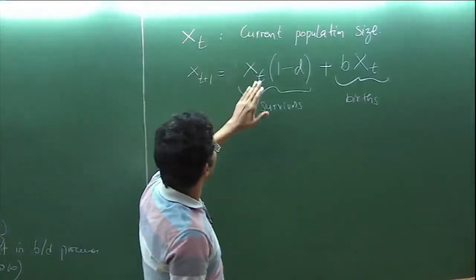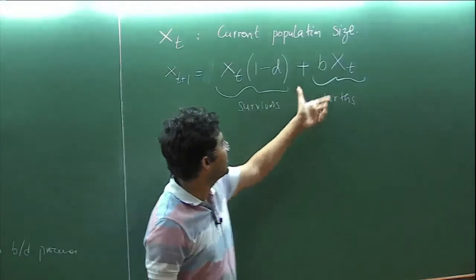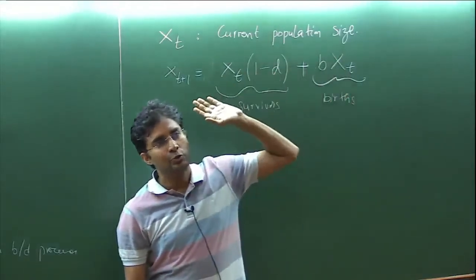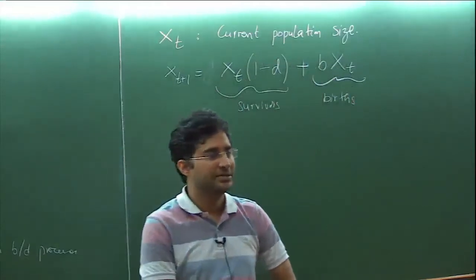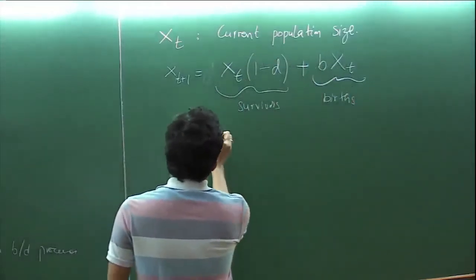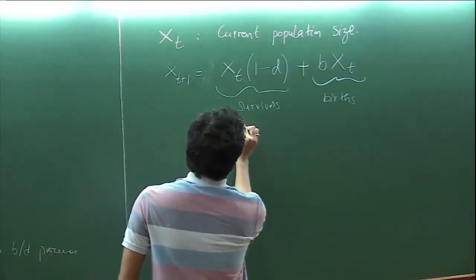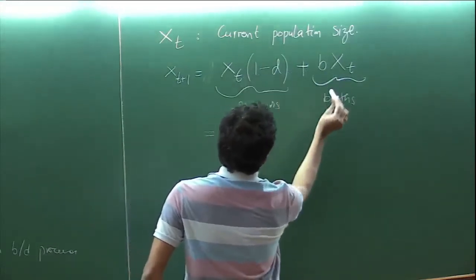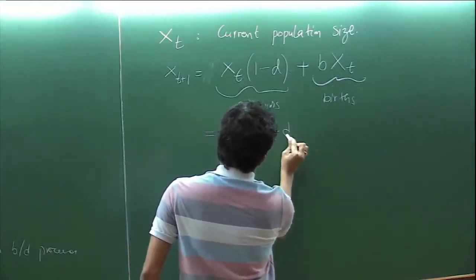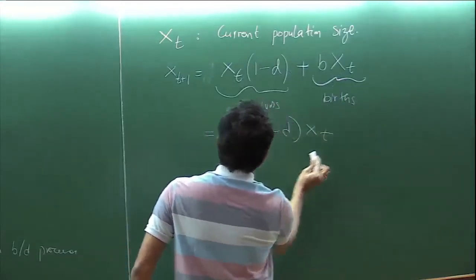So given a current population size, so many survived and there are now new births, and adding them up will give me the new population size. Is that fine? If we simplify this, what do we get? So xt is common across both of them. We have 1 plus b minus d times xt.